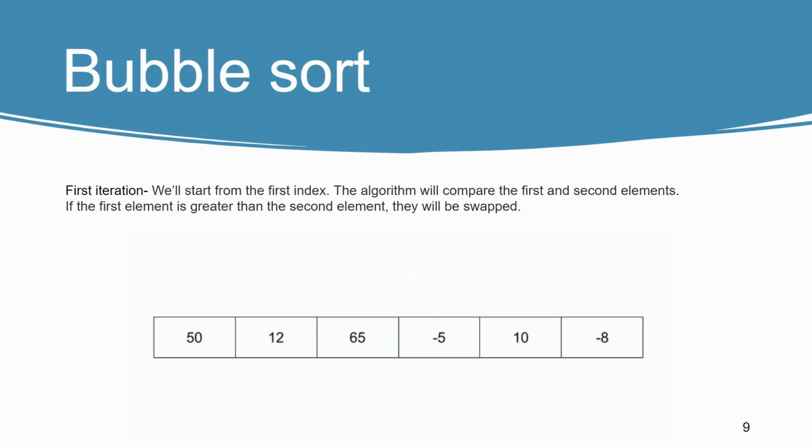As we can see in step 1, 50 at the 0th index and 12 at the first index are being compared. As 50 is greater than 12 and we require the elements in ascending order, we swap those elements. As you can see here, 12 and 50 are being swapped and we get a new array that is 12, 50, 65 and so on.